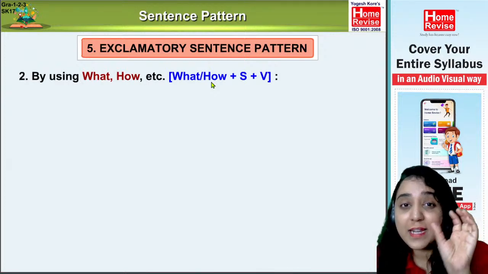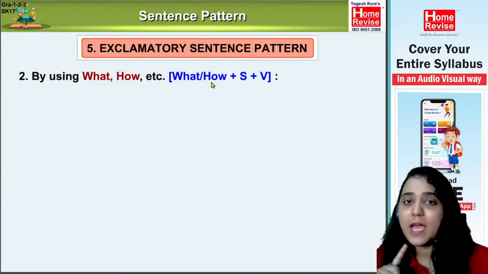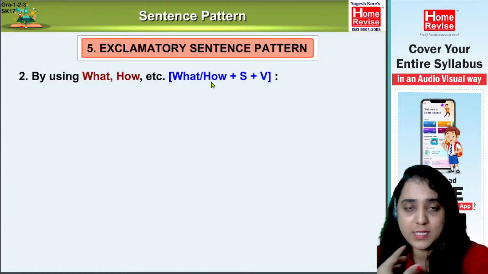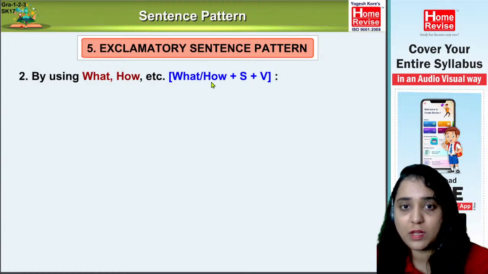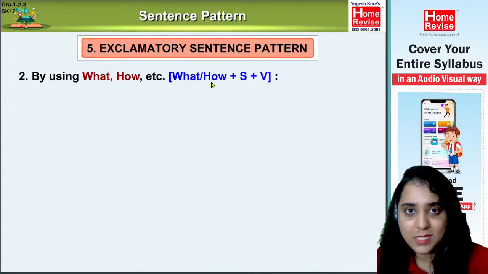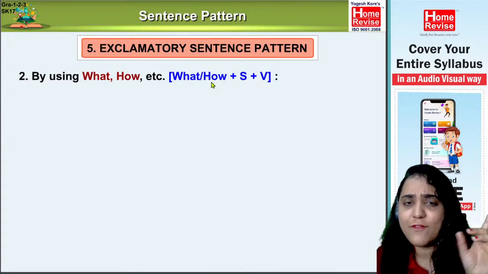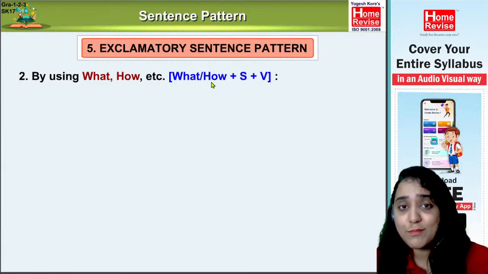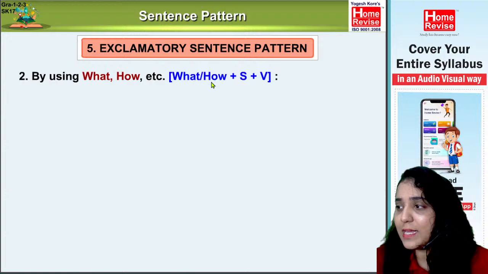But here it is clearly mentioned that what or how will come, and after that the subject and then the verb. Just as we had subject, verb and object, here the object is not necessary. So you just have what or how and then you continue with a subject and then a verb. So let's see.